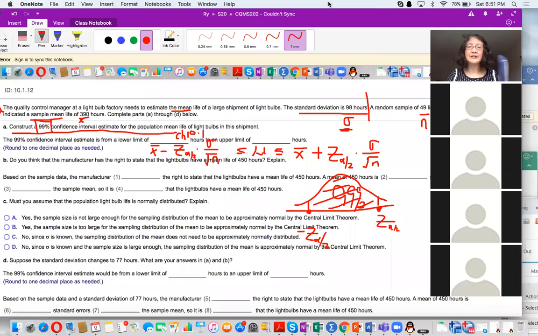You use a calculator, okay? Make sure you are at the STAT mode. To find out what Z half alpha is given 99%, you do this. Once you are at the STAT mode, you press F5, which represents distribution, and then F1.